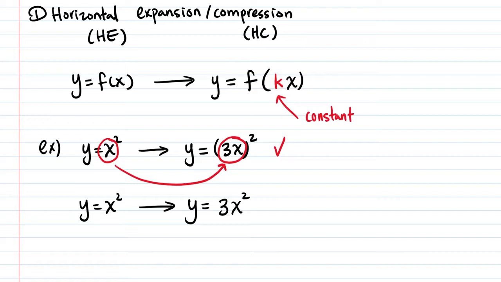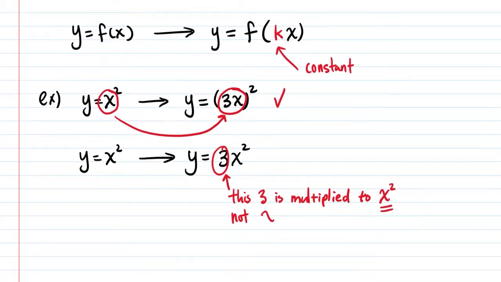According to BEDMAS, the exponent has to be applied first. So the 3 is multiplied to the x squared. So this is not horizontal expansion or compression. This is not the right one.